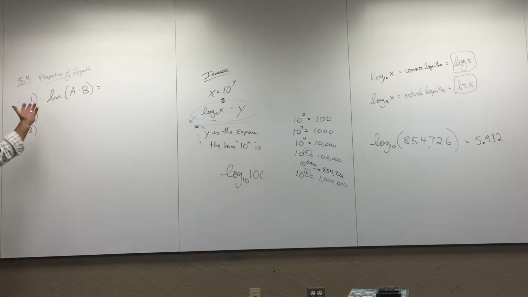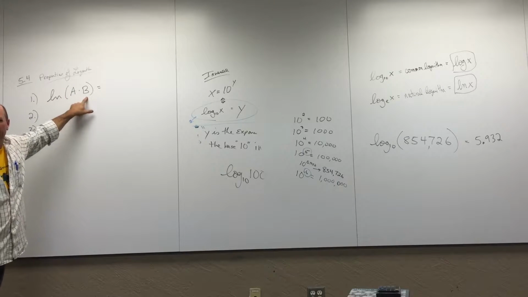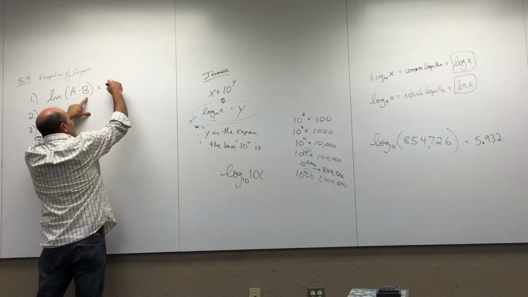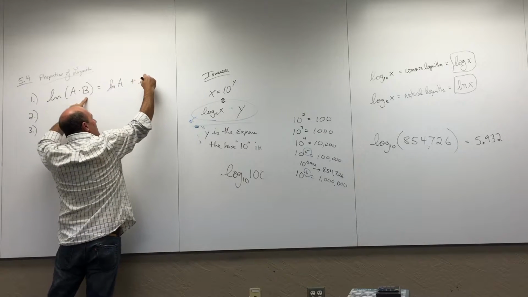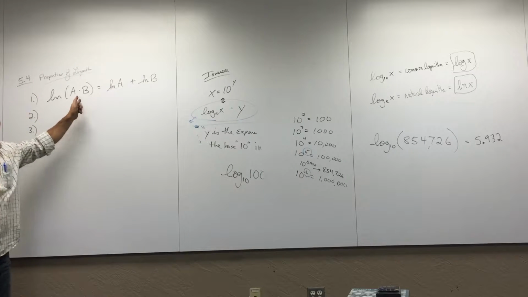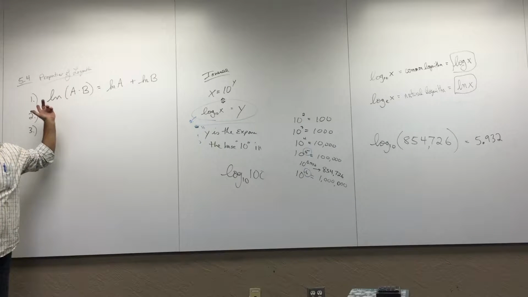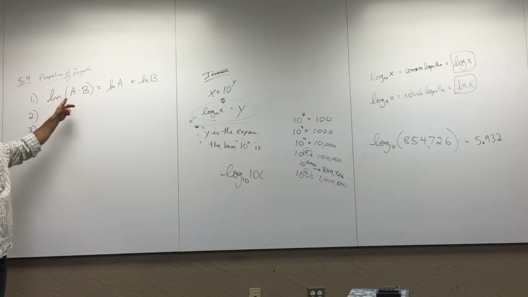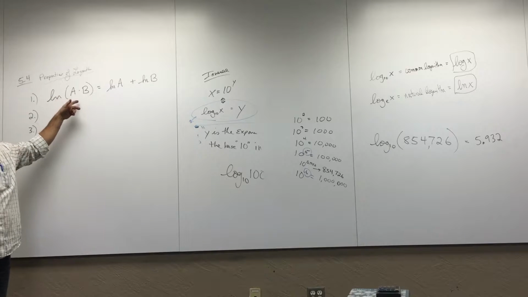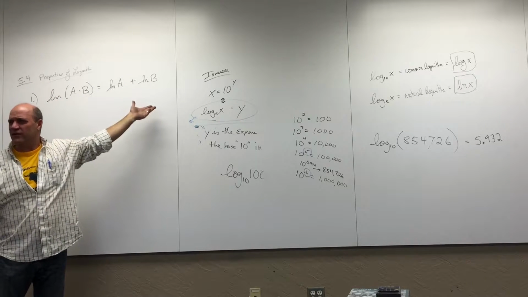I prefer ln because it's a little shorter, just one letter shorter. But here's the property. If you have the log of two things that are multiplied, you can turn it into the log of A plus the log of B. It's kind of strange, man. The log of a product can get turned into the sum of two logs.